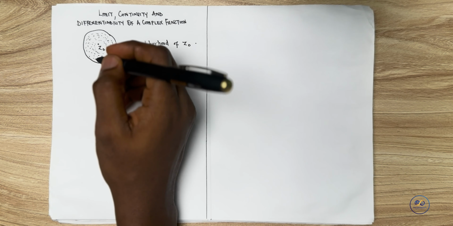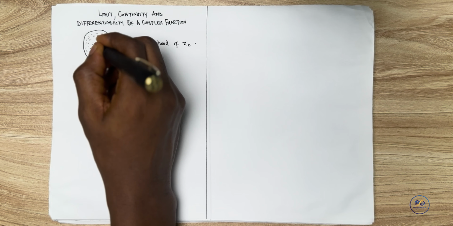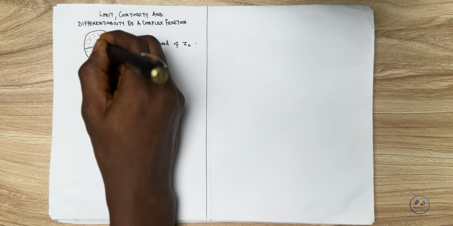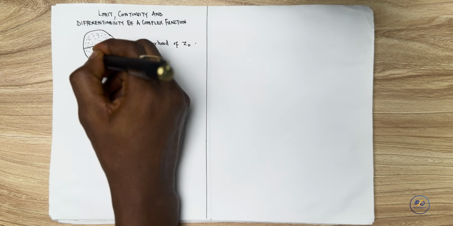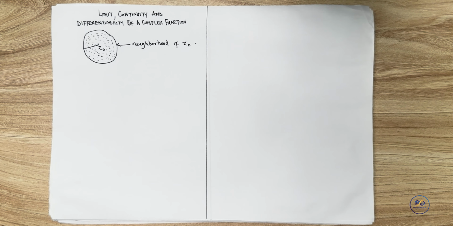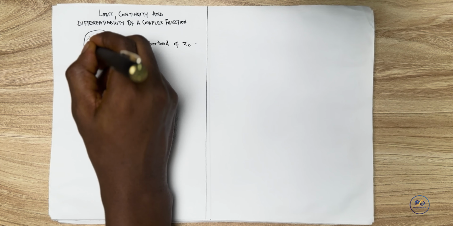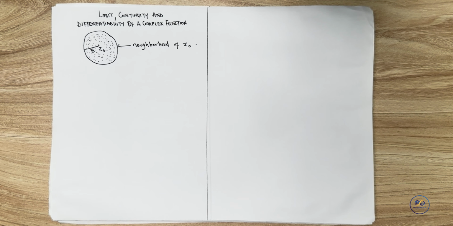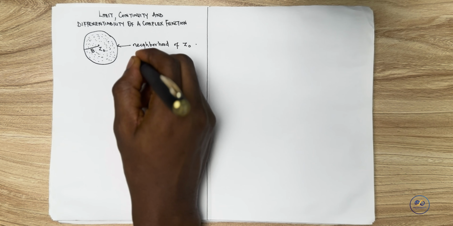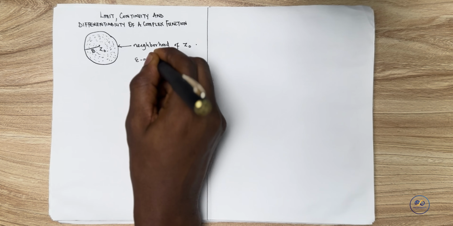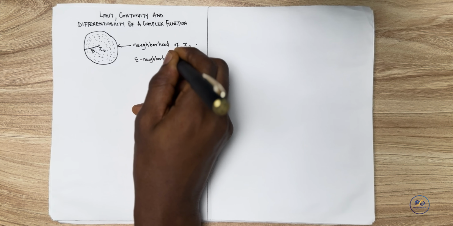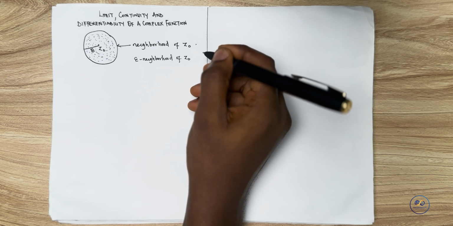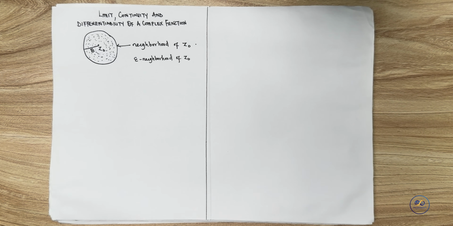Now, in this case, if we set the distance between z0 and the maximum possible stretched point in this cluster to be the radius epsilon, then we have represented an epsilon neighborhood of z0, which means epsilon remains the maximum possible distance any of those points could travel away from z0.